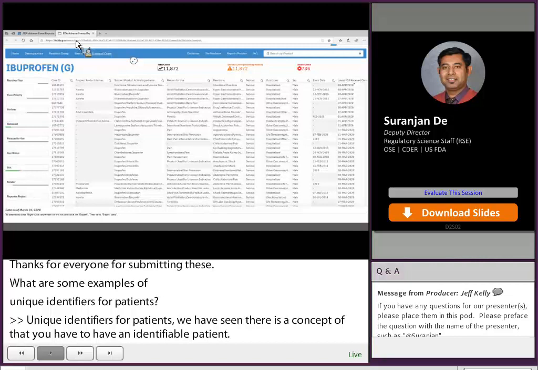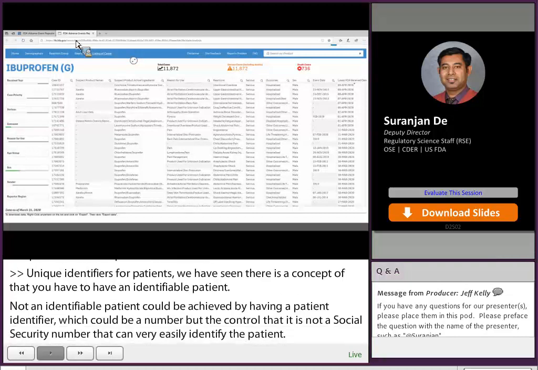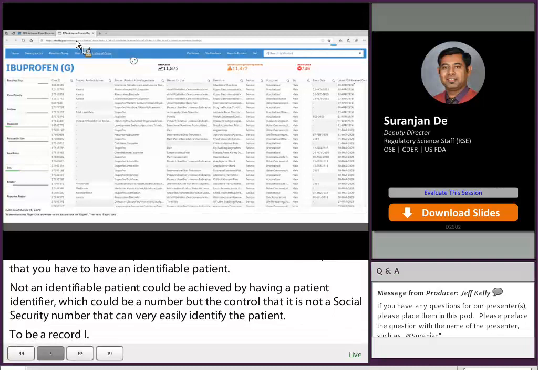It could be a record ID, or a medical record number, or something that does not very easily identify a patient. That could be one data point. Another data point to have an identifiable patient is you have the sex of the patient, the weight of the patient, the date of birth of the patient, the age of the patient, and that could make that report, the ICSR, show that there is an identifiable patient.